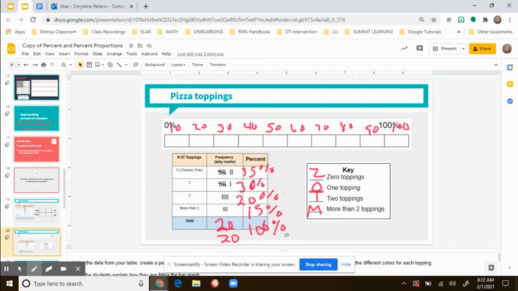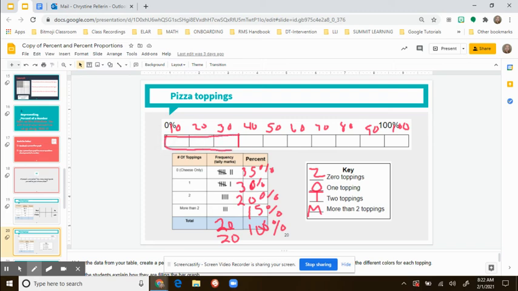Since I am counting by tens, I want to start my graph with the ones that are counting by tens first. It just makes it easier. So the 1 topping is 30%. I would pick a color. I'm going to start with red. This is 30%.